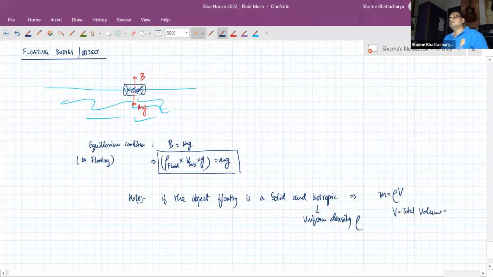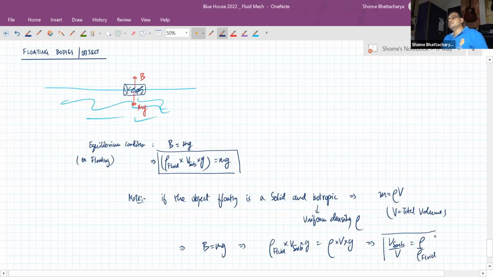So then we get that other secondary equation that the fraction of volume submerged will be nothing but the relative density. So this equation will imply that density of fluid multiplied by the submerged part's volume should be equal to the density of the material multiplied by the complete volume into G. So fraction of volume submerged for the floating object becomes the density of that material with respect to the density of the fluid.